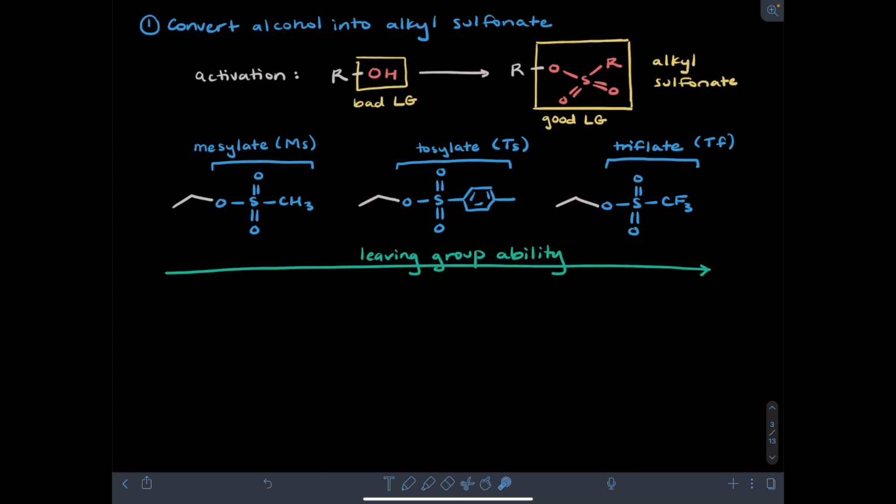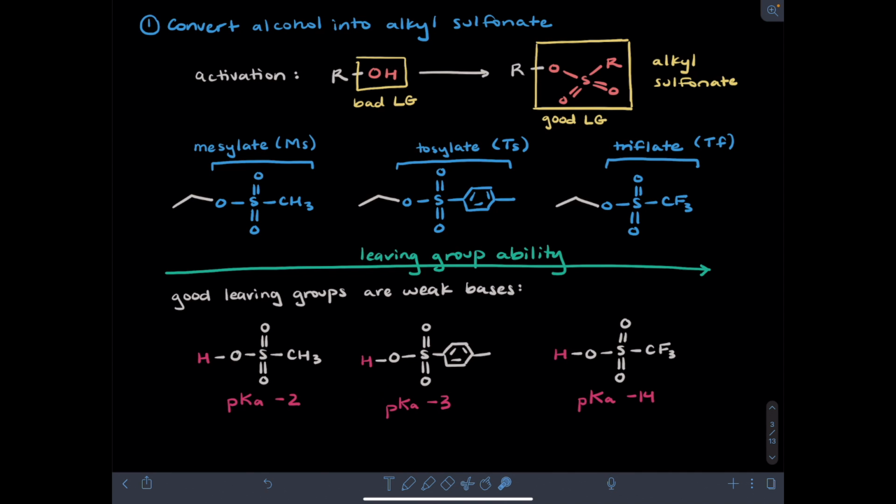Looking at these three sulfonates, the triflate is the best leaving group, and the mesylate is still a good leaving group, but it is not quite as good as the triflate or the tosylate. We can think about good leaving groups as being weak bases. So we could look at the conjugate acid of the mesylate, tosylate, and triflate.